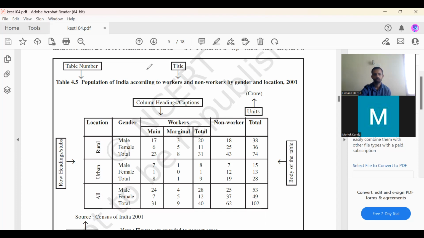Also there's a column headings called workers and captions. There's gender also given as classification and non-workers, and there are total units which are measured in crores, right? And there's also the body of the table which represents the data in numbers.